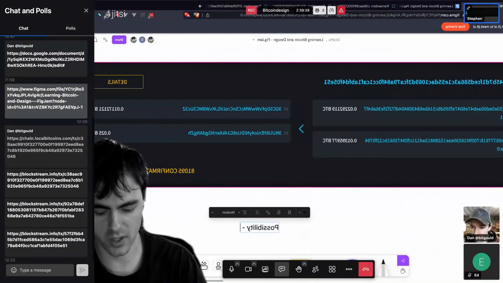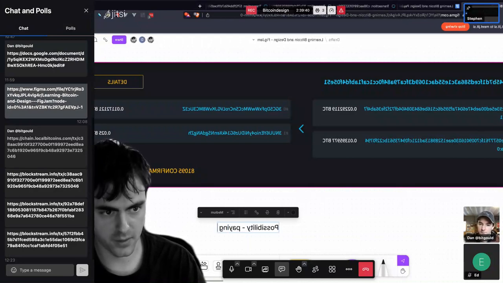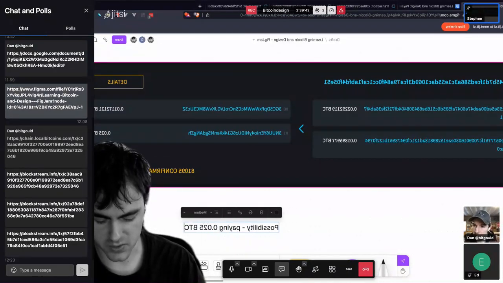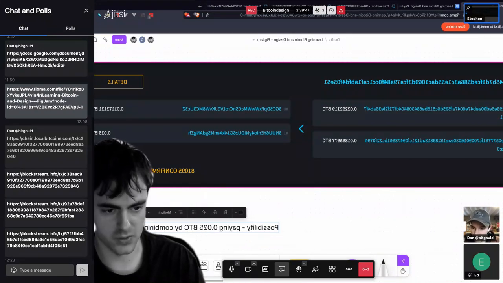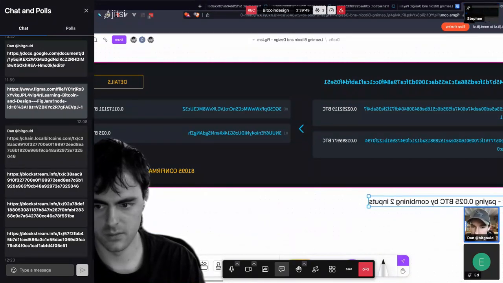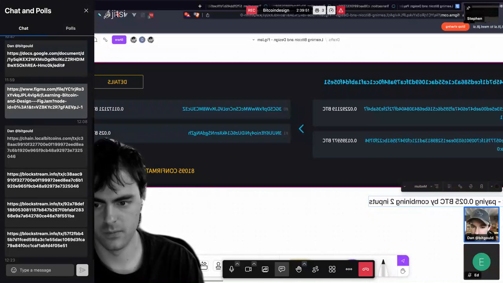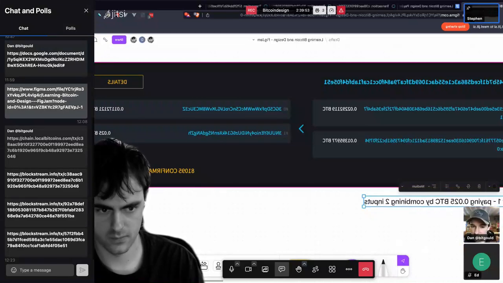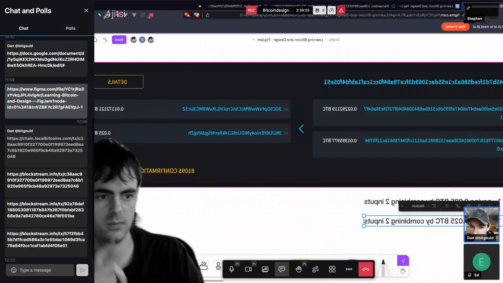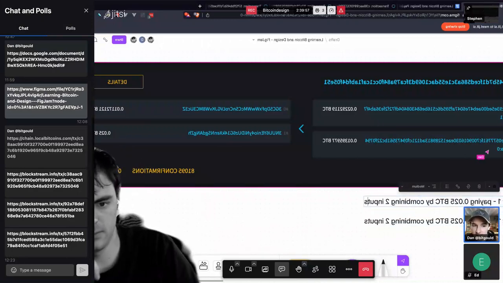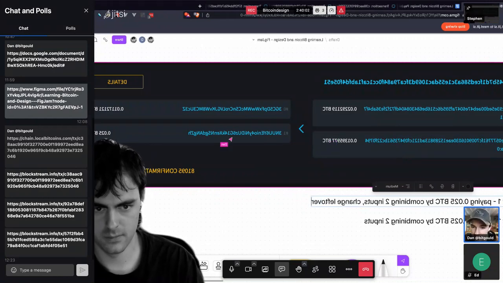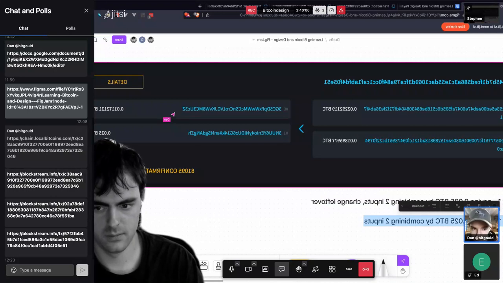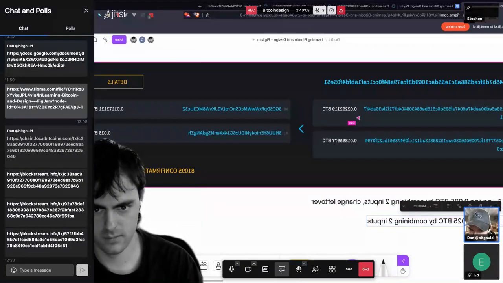So possibility one is paying 0.025 BTC by combining two inputs. Makes sense, right? And the second possibility is it's the second input paying the first output to the person who owns the first input.